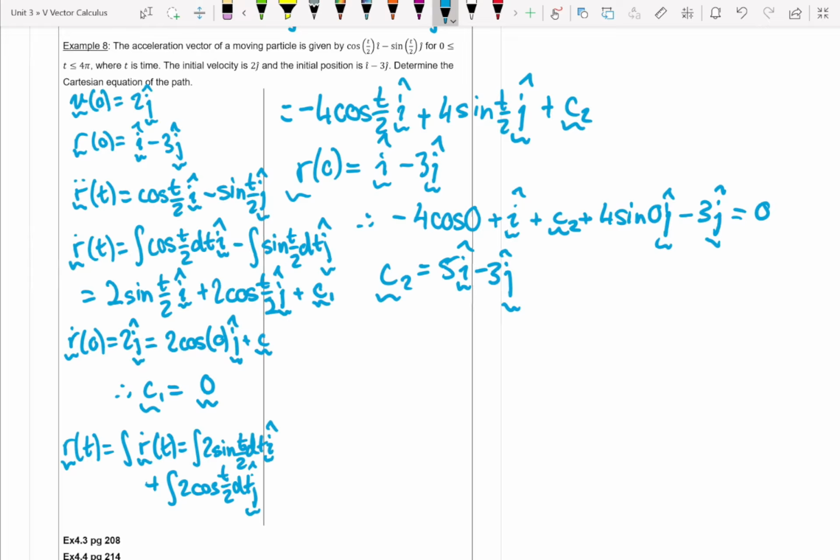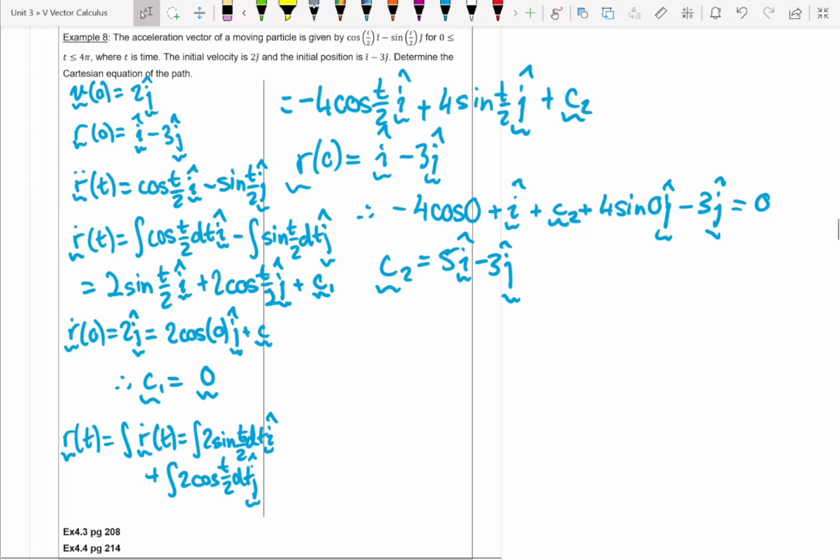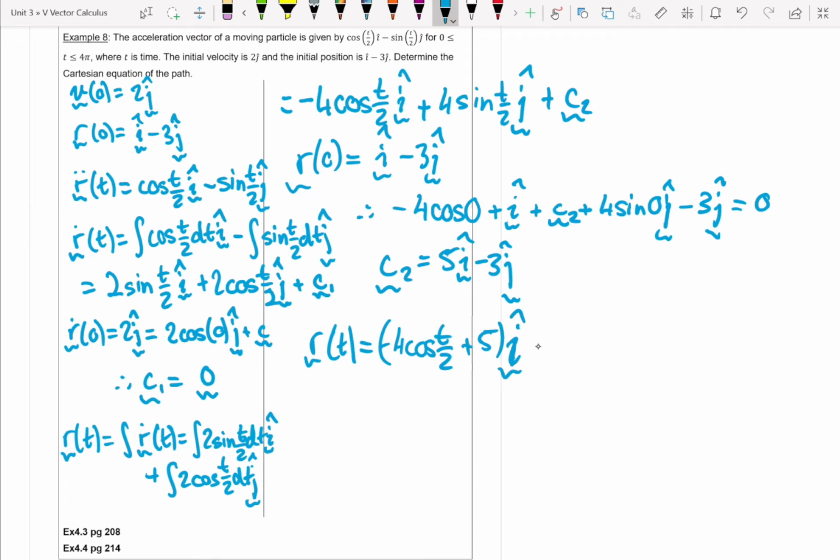So that gives us our c2, and our r of t, which is equal to negative 4 cosine t on 2 plus 5 i, and then we also have plus 4 sine t on 2 minus 3 j.